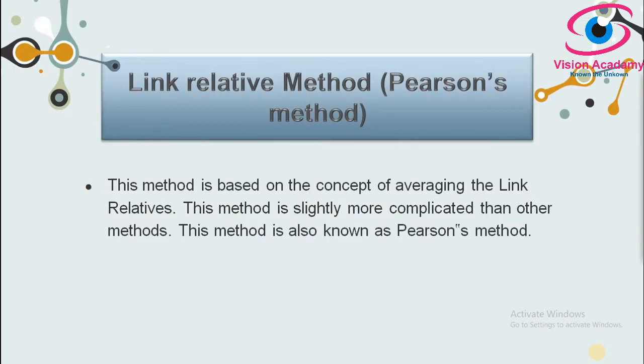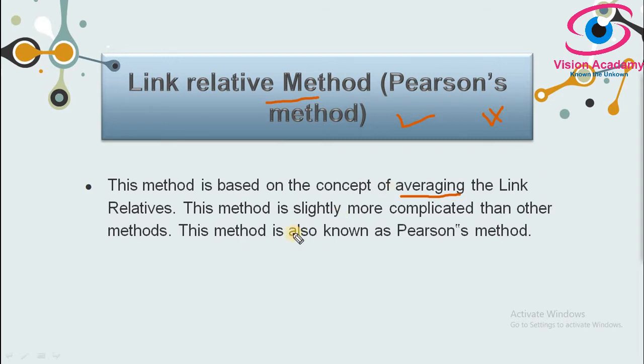So let us focus on the link relative method, which is also called the Pearson method. This concept is very simple. In this concept we make an average of link relatives. Firstly we make a link, then we chain the link, so this is also called the link and chaining method.